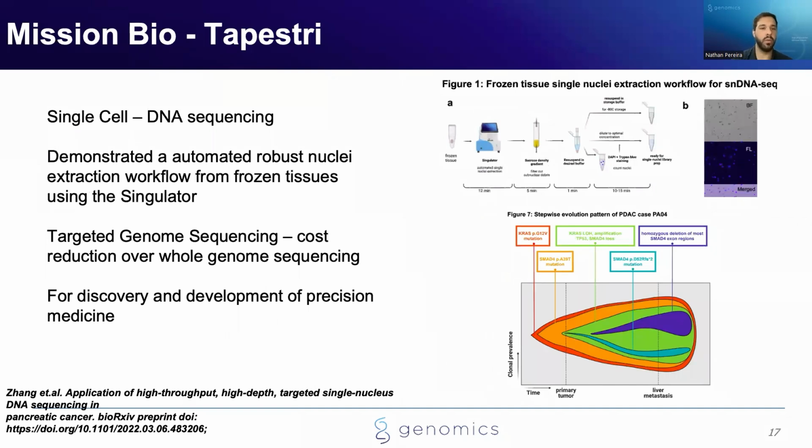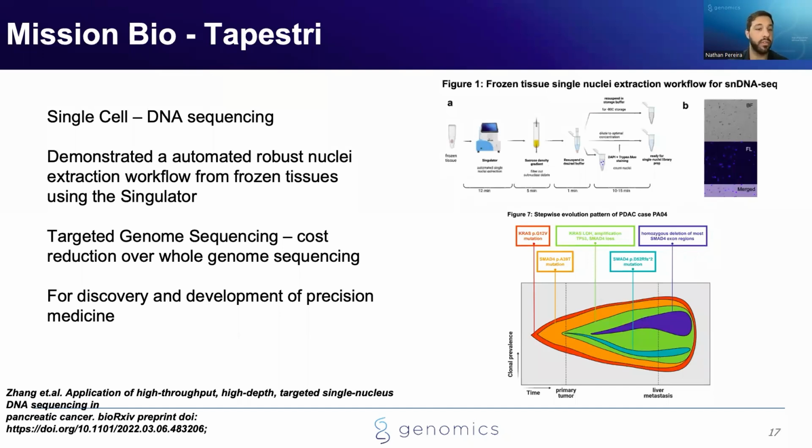So we also have done work with Mission Bio. This was kind of a pilot study, and they were able to use the Singulator for isolating nuclei for DNA sequencing. They were able to isolate 38 samples from 16 different pancreatic adenocarcinoma patients.